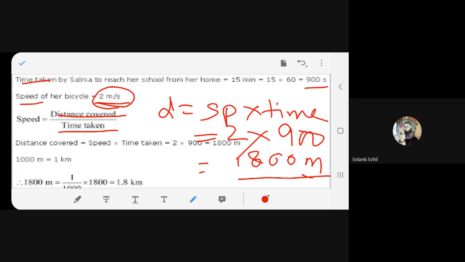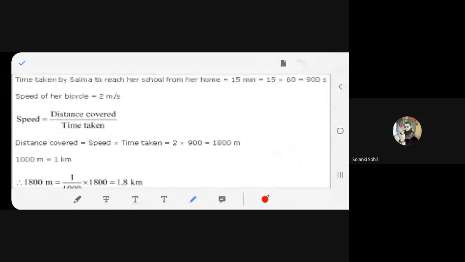Again now, this meter we cannot take as the unit because it has to be converted to kilometer. So we know that 1 kilometer is equal to 1000 meter. Or 1000 meter is equal to 1 kilometer.